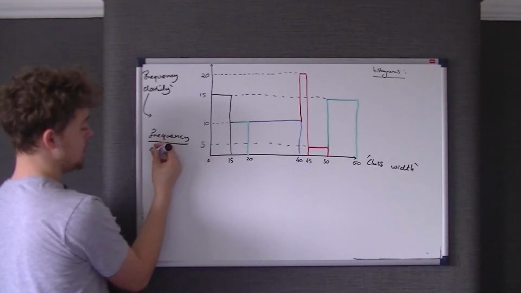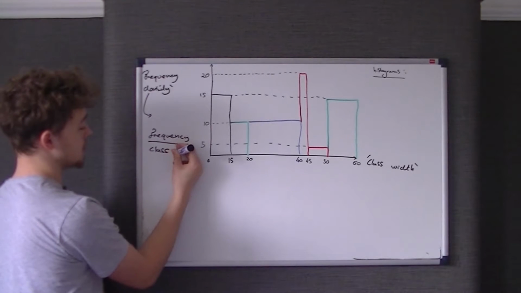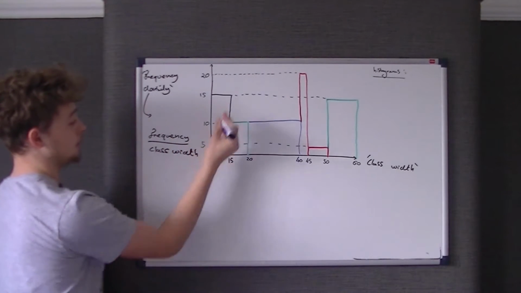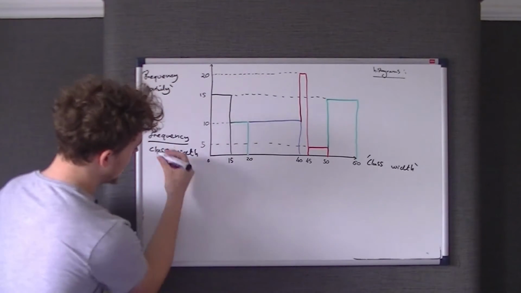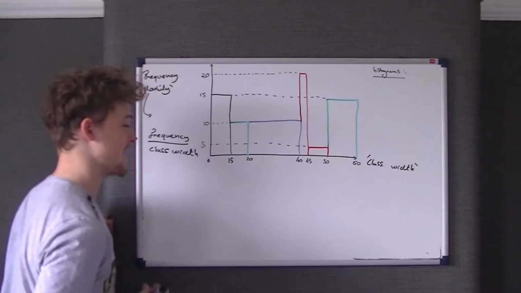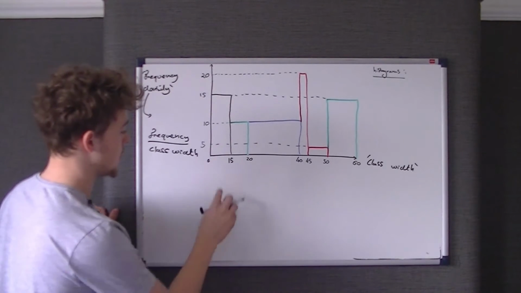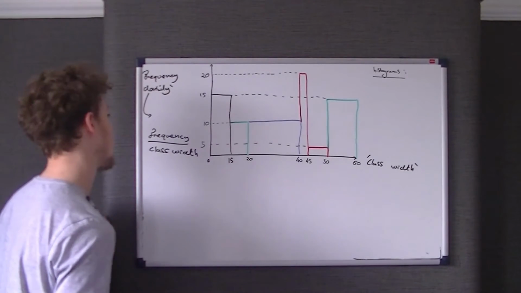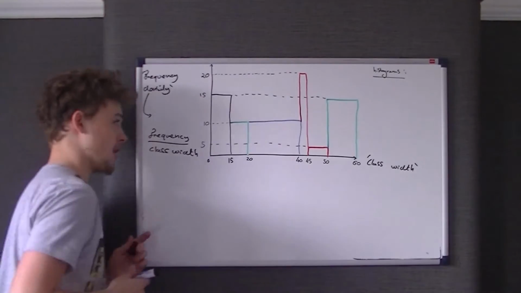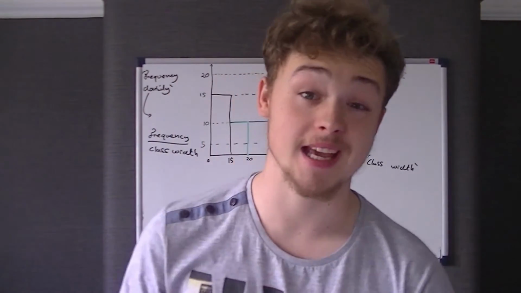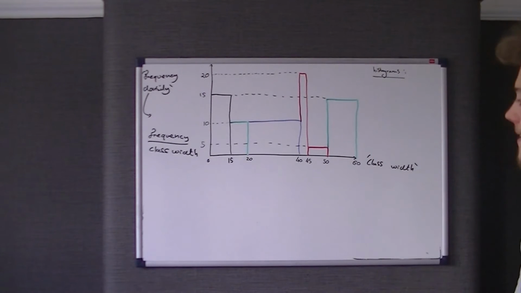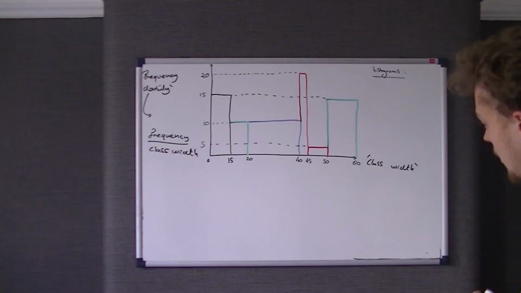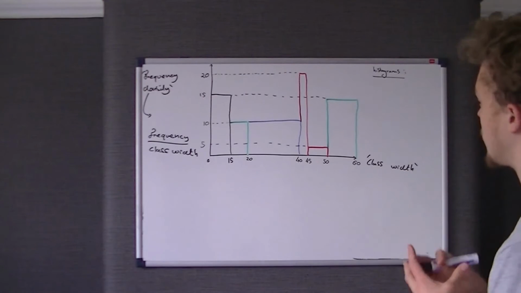Therefore, if you wanted to work out the frequency of any of these bars, how many people were in it, you just do the frequency density times the class width. In other words, the height times the length. That's just a rearrangement of the equation: frequency density is frequency over class width. So a very, very easy topic there, and that's a question you could be asked.